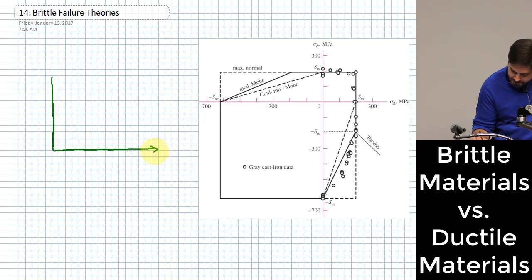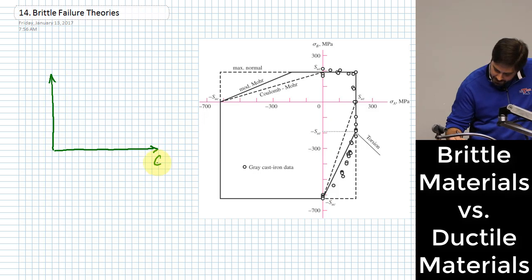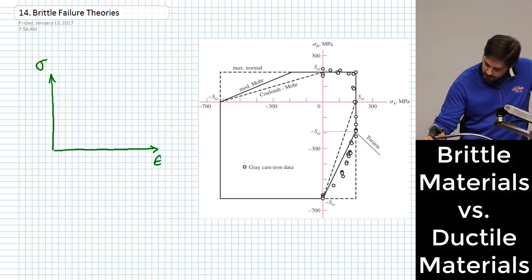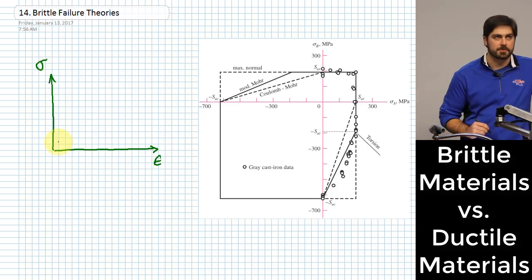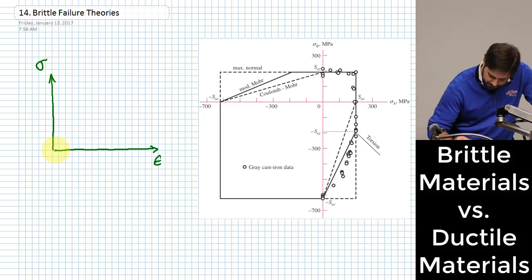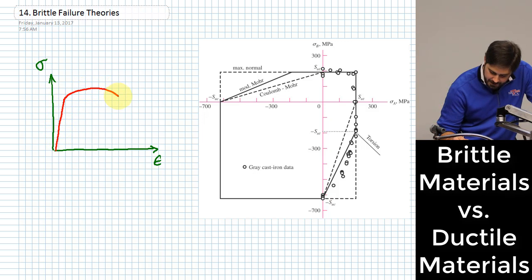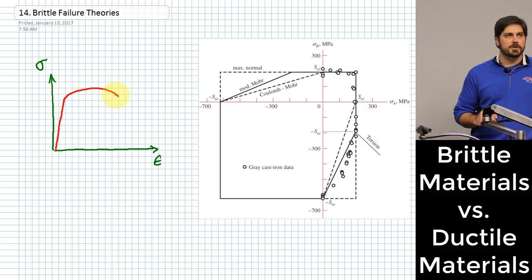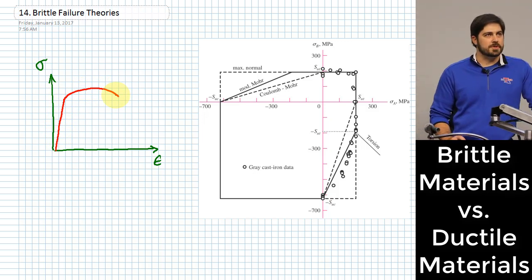So if you think about the stress-strain curve, that would be strain down there, stress up here. For a ductile material, it has a linear portion generally, and then another portion where it goes more horizontally and curves.